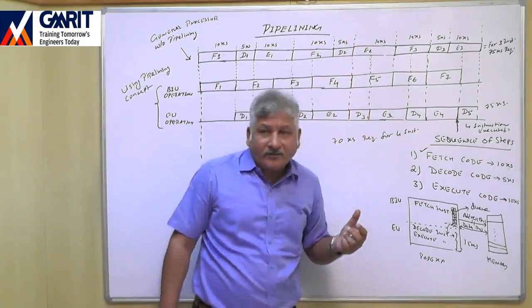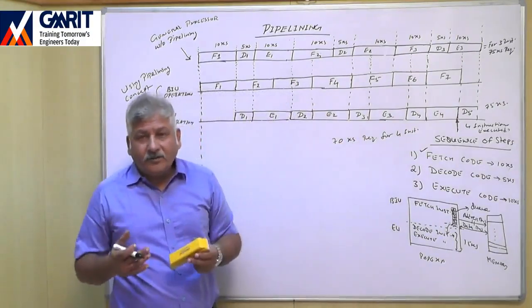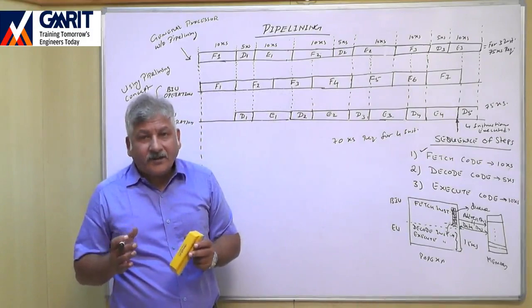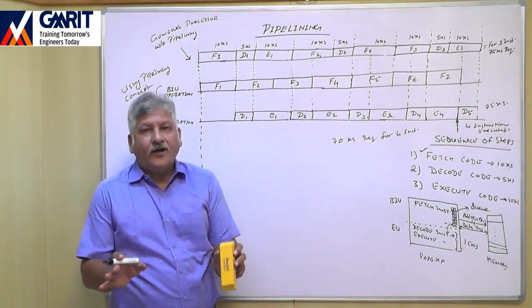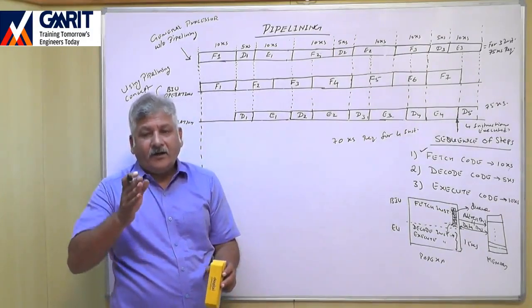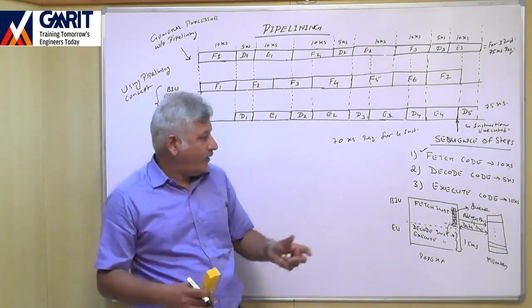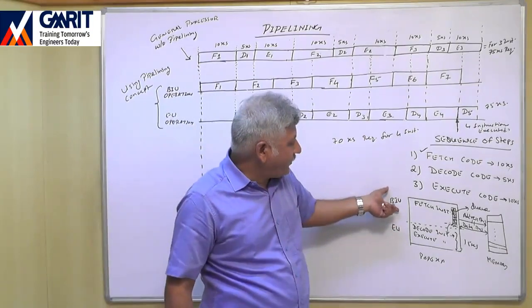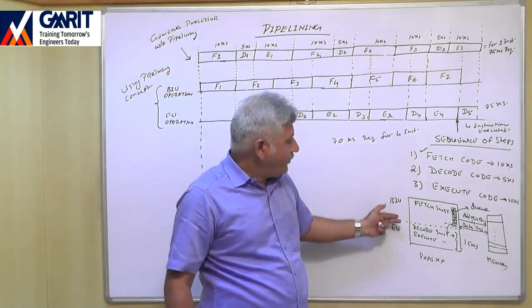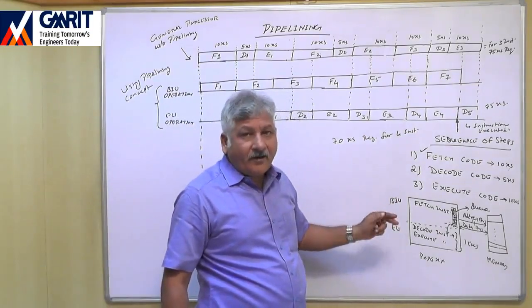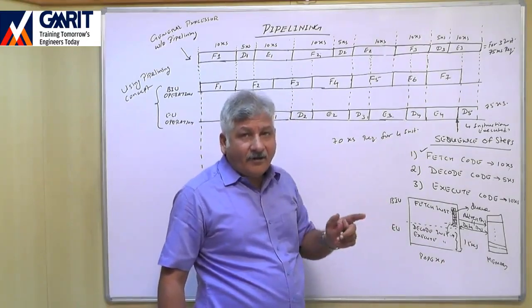This pipeline concept is used if our processor has 2 functional units which operate in parallel simultaneously. Here we have 2 functional units, the bus interface unit and the execution unit. Both of these units are working in parallel simultaneously.